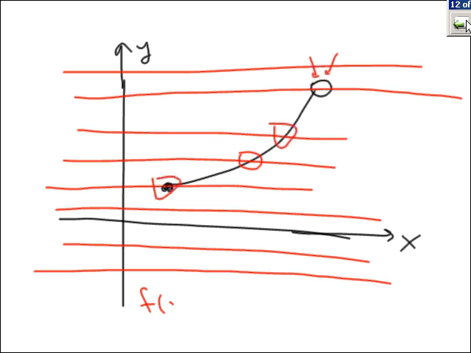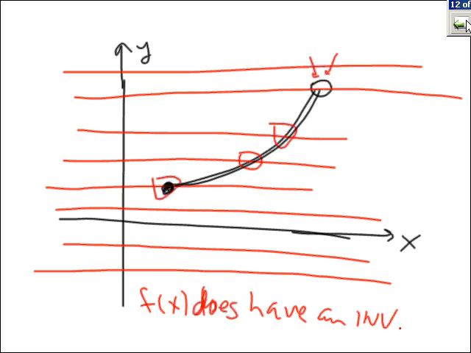So this, call it f of x, f of x does have an inverse. This is f of x, and it has an inverse.